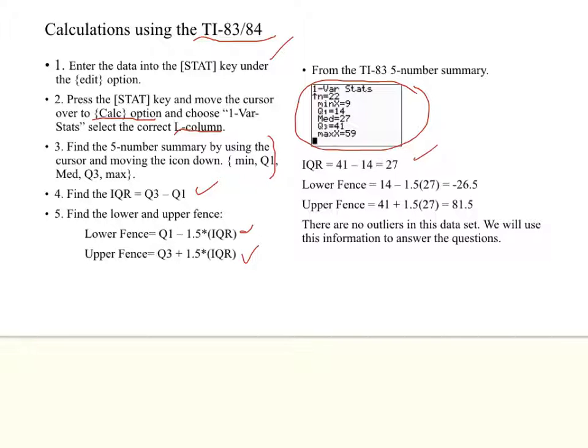The IQR appears to be 27, 41 minus 14, and the lower fence is negative 26.5, and the upper fence is 81.5. So in this data set, there appears to be no outliers. Why? Because the maximum value is less than the upper fence, and the minimum value is greater than the lower fence. So we will use this information in the rest of the questions.